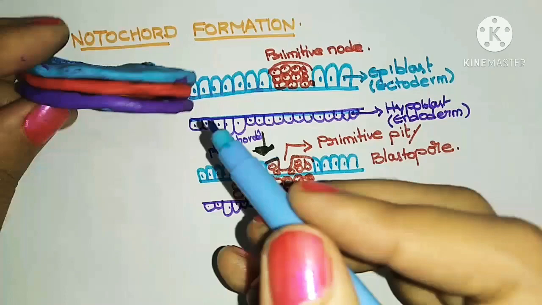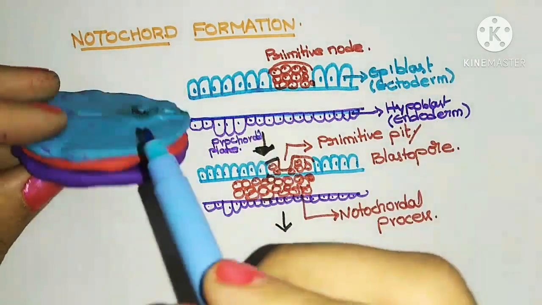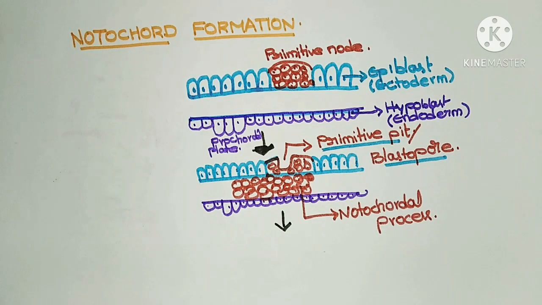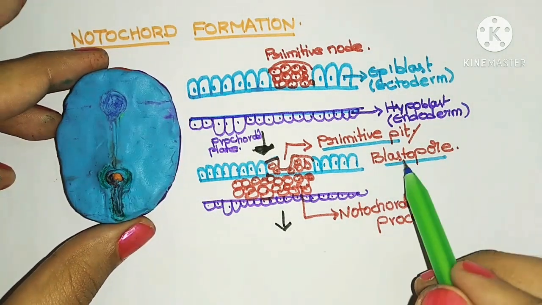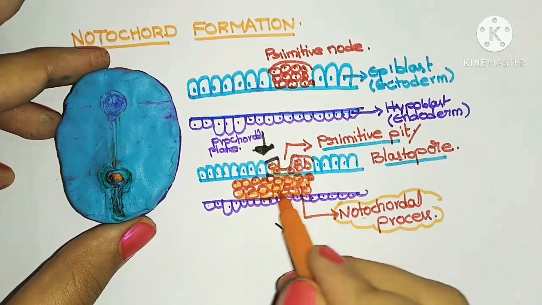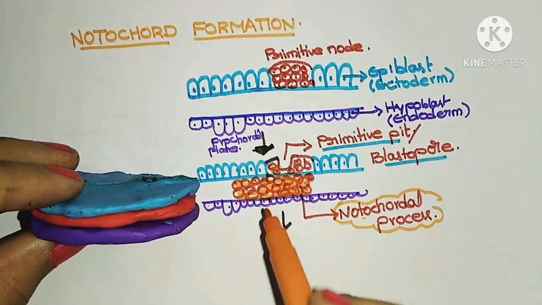The cells from the primitive node will migrate under the ectoderm by forming the primitive pit or blastopore. Now the notochordal process will form under the ectoderm.